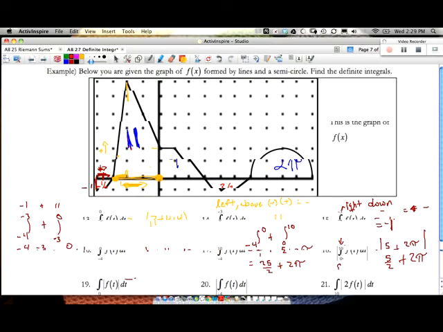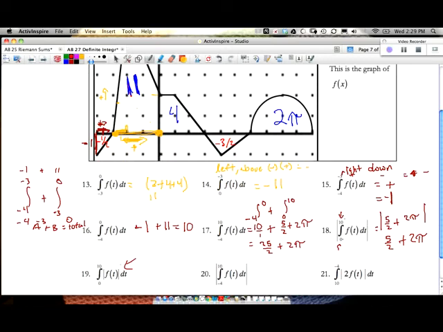Okay, so now let's go back to what we were saying here. This says absolute value. What that means is all areas are positive. So these negative 3 halves and this negative 1 half are not negative, it's really 3 halves and 1 half.